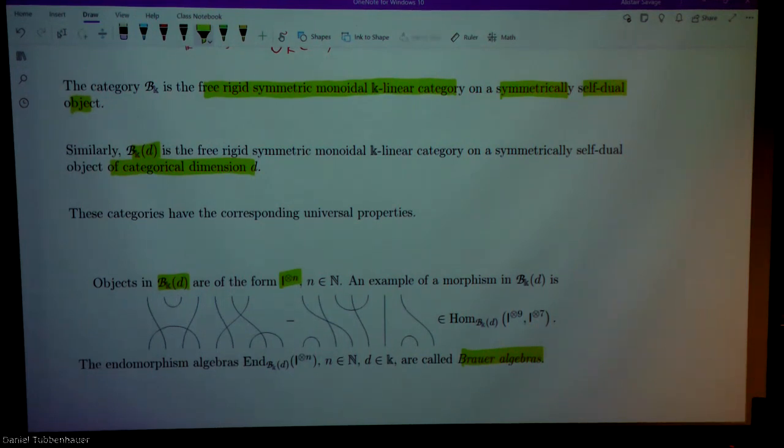And they showed that the group algebra of the symmetric group should be replaced by Brauer algebras. But this formalism of putting things together into a monoidal category wasn't really around yet, or not well understood. And so the Brauer algebras came first, and then later on, these were put together into the Brauer category.